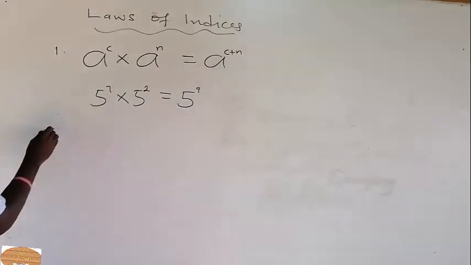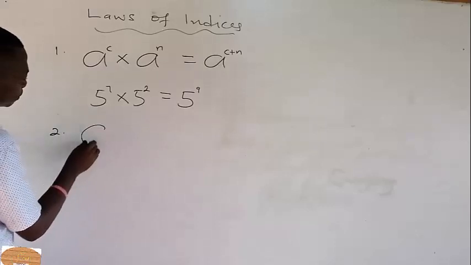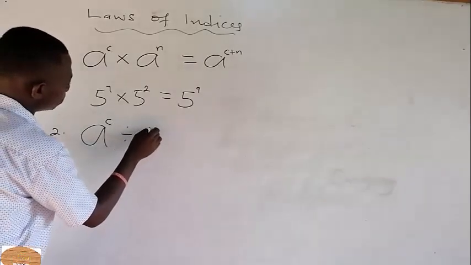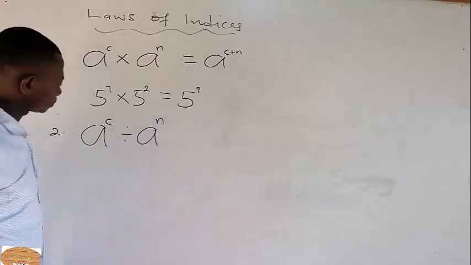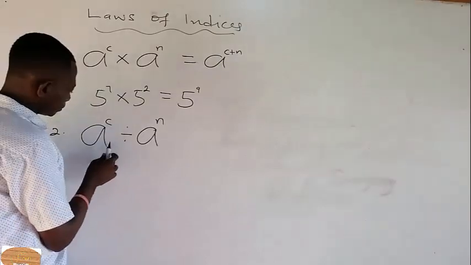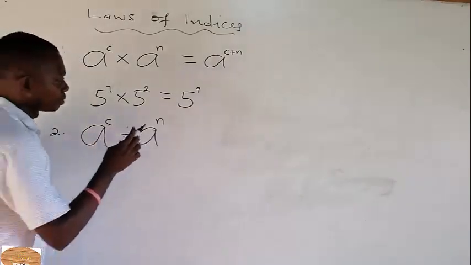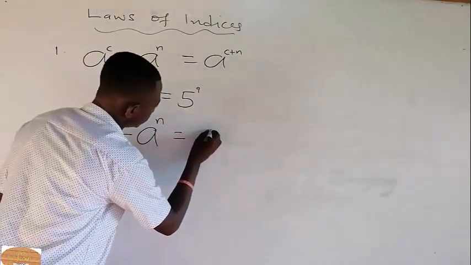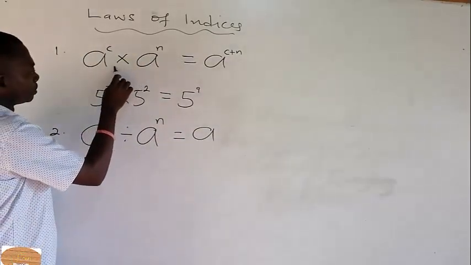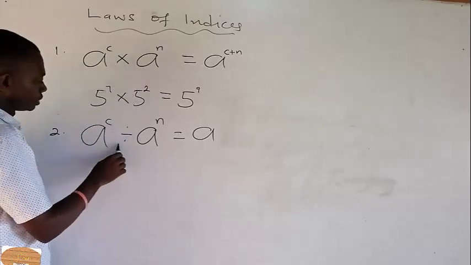Now the second law is division. In case we are given A to the power C divided by A to the power N. Alright. So this one, we have the same bases, so I'll pick one. Now let's check something here. This one is multiplication and this one is division.